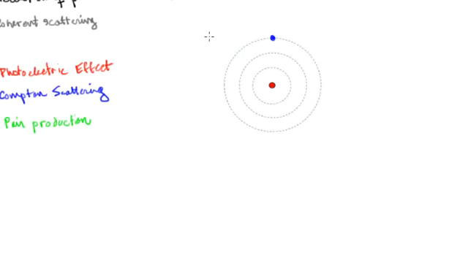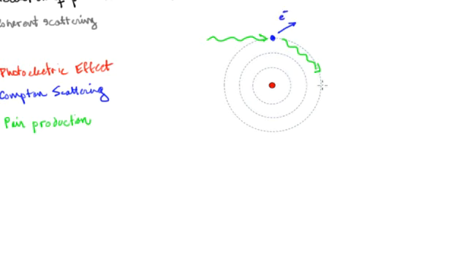So next we're going to look at Compton scattering. What happens in that case is a photon comes in and it interacts with the electron in the atom and is scattered. And the photon scatters off at some angle that I'll draw this way. And actually the electron also is scattered off at some other angle and with some energy.